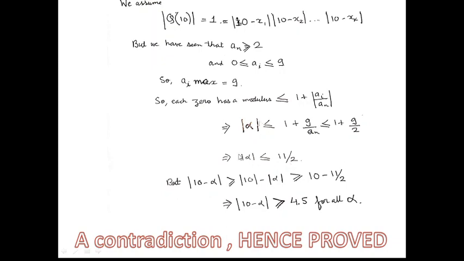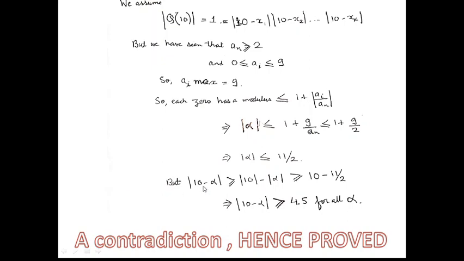So for all the roots, the modulus of the root is at most 5.5. But we have the property again that the modulus of x minus y is greater than or equal to mod x minus mod y.